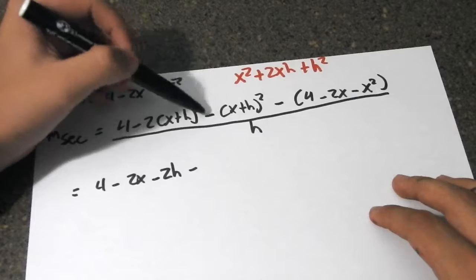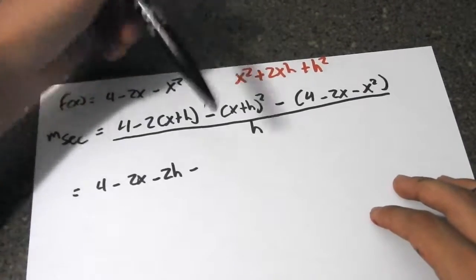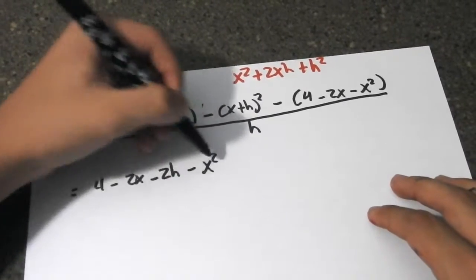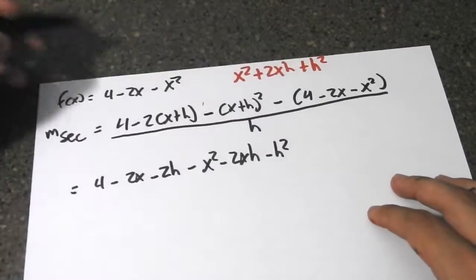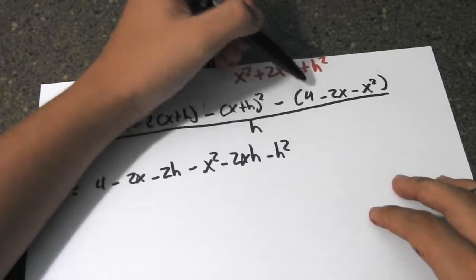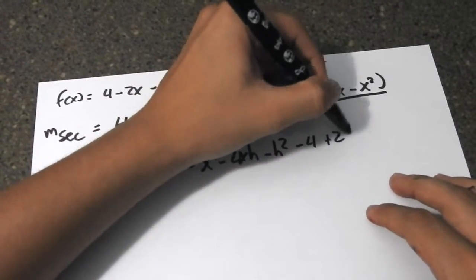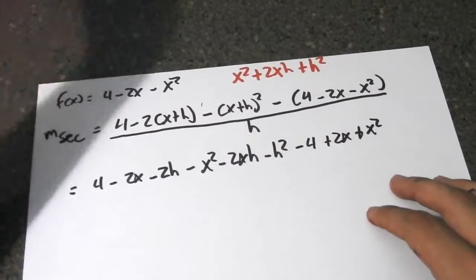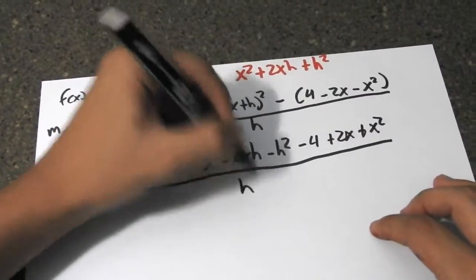But since we have a negative sign, this negative is just going to turn all of this into negatives. And then this negative is going to distribute over all of these three terms. So we have minus 4 plus 2x plus x squared. Negative times negative is positive. And all of this over h.